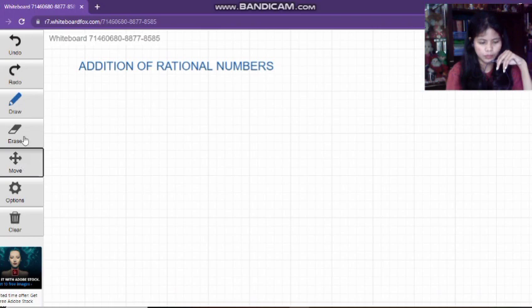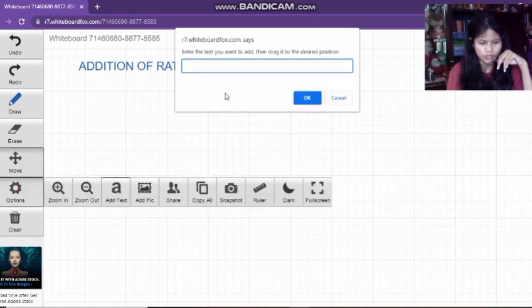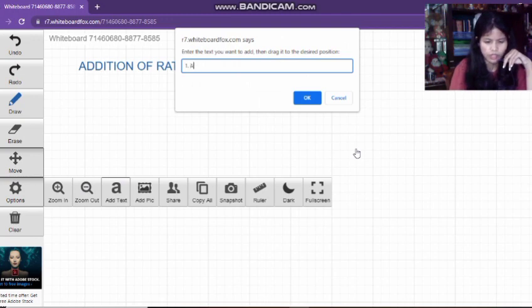For example, first way, adding with equal denominators.